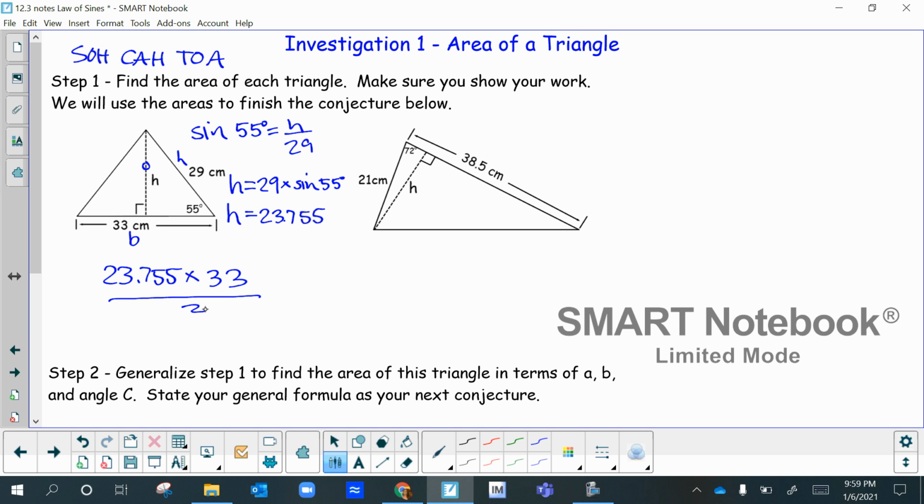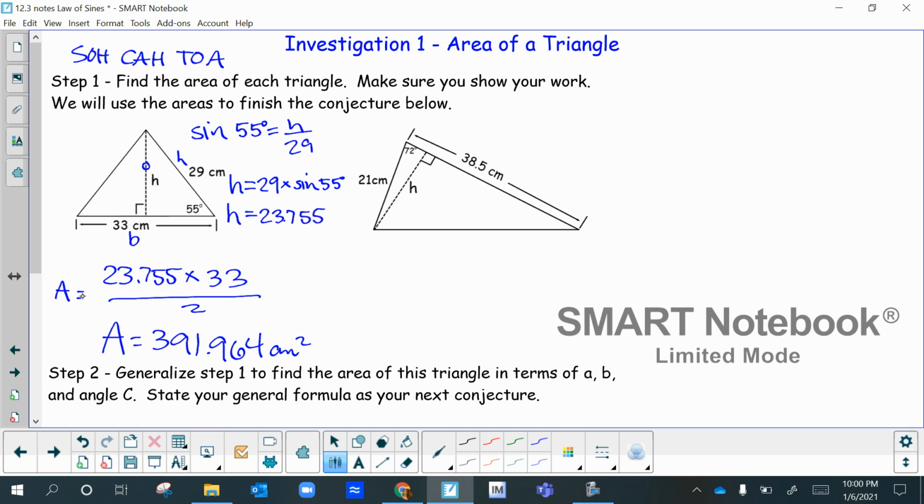So I have that number in my calculator. I'm going to times it by 33 equals, and divide by 2. So the area of this triangle is 391.964 centimeters squared. Okay, so this is area.